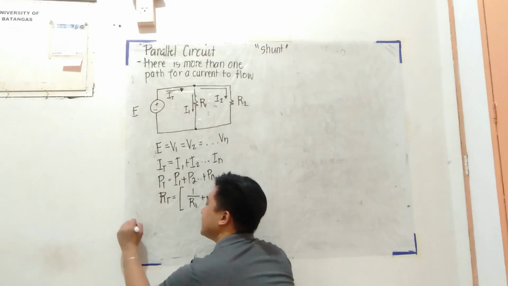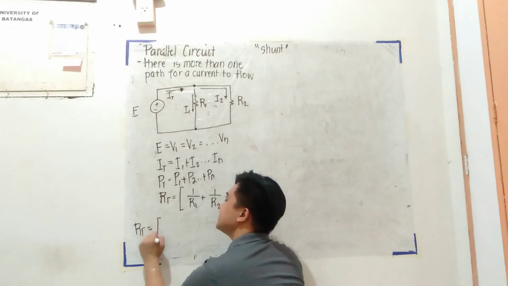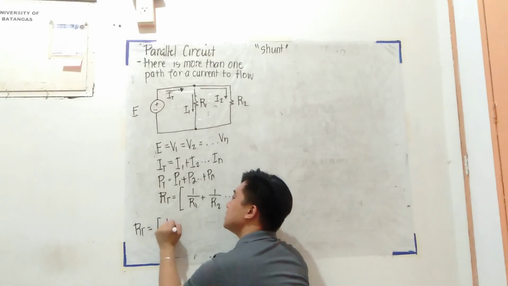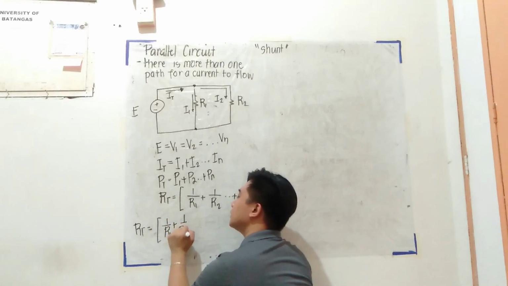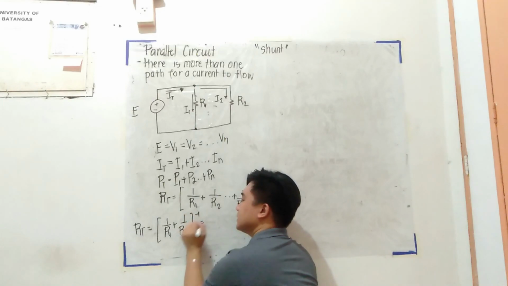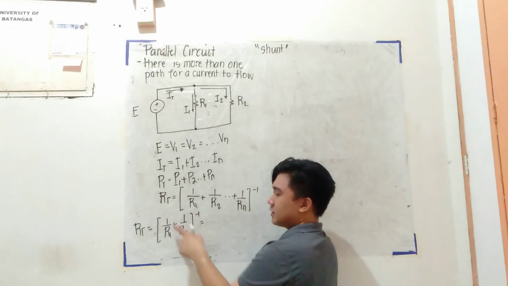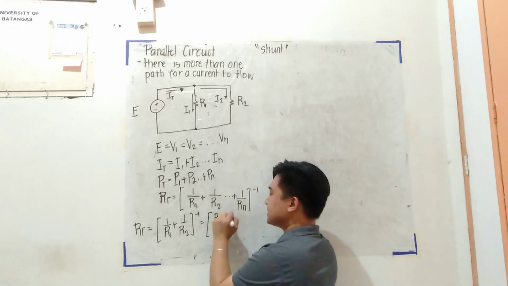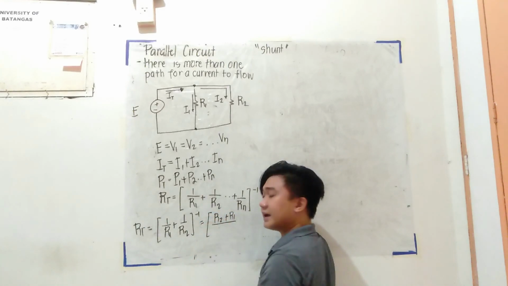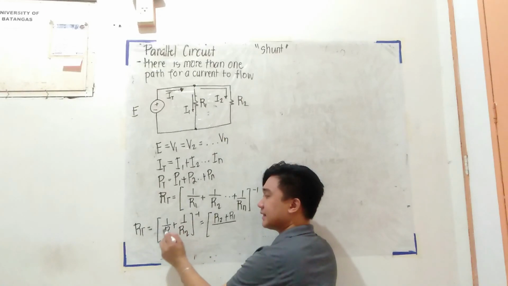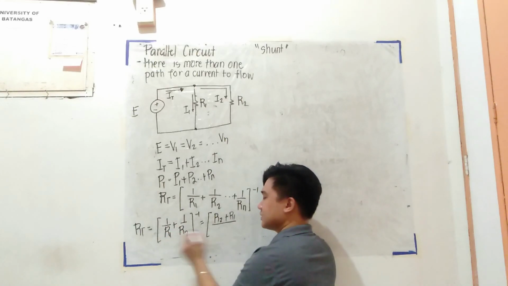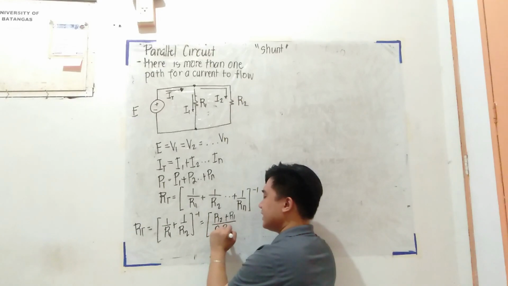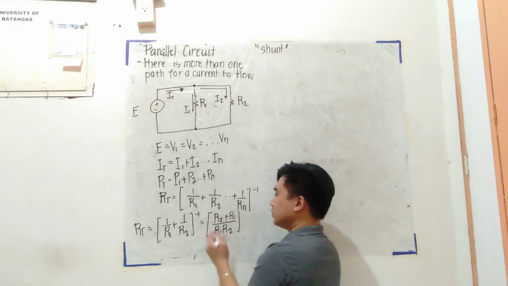So, kung dalawa lang ang resistor, R total is equal to (1 over R1 plus 1 over R2) inverse. So, pag sinimplify ko yan, cross-multiply ko lang. So, that's R2 plus R1. Tapos, ang aking denominator ay equal sa product nitong dalawa.